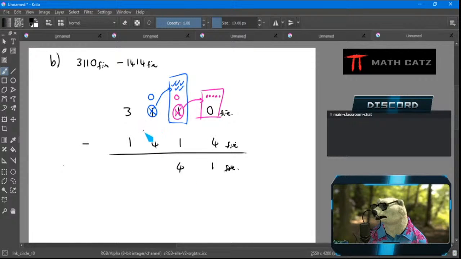Nope, can't do it. I need to borrow. I borrow 1, leaving 2 there. How I represent the 5 that it splits into, that's not really important, is it? It's just a helper for me. But in that green rectangle, I only have 5, and I need to take away 4.